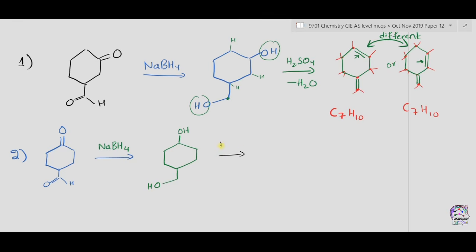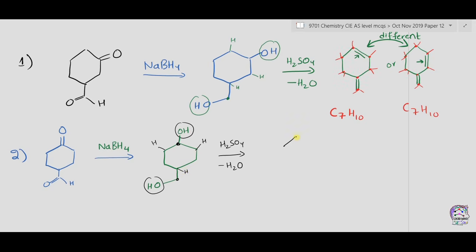The second reaction is the removal of H2O. So OH will be removed from this carbon and a hydrogen atom can be removed from the adjacent carbon, which could be this one or this one. Similarly, OH is removed from this carbon and hydrogen will be removed from this carbon atom.